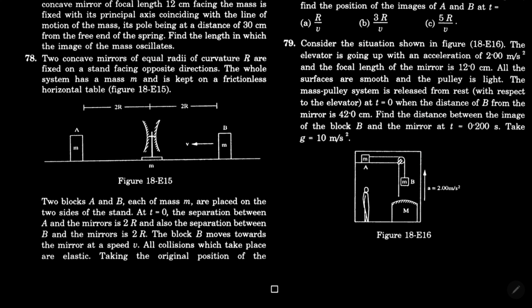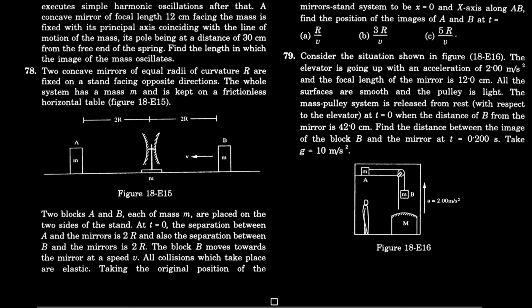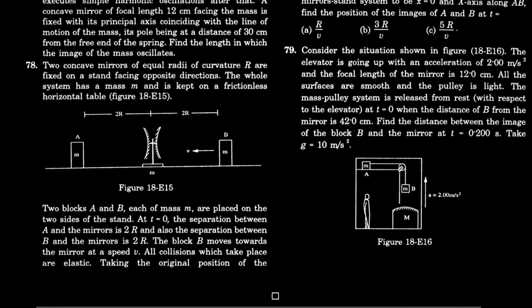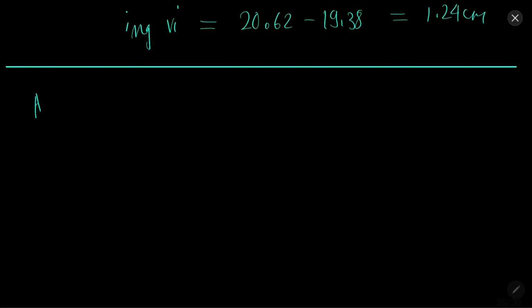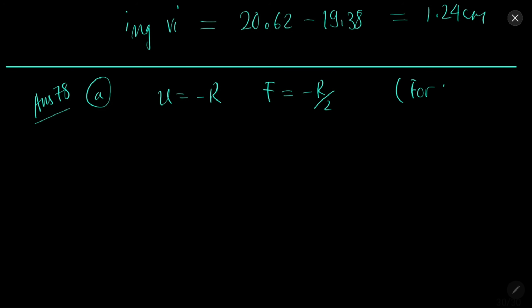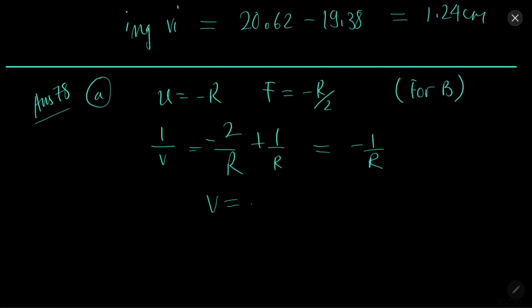In 78 we have two concave mirrors, and this figure is given. We need to find the position of the images of A and B at different times. Solution 78, A part. In this part u equal to minus r, f equal to minus r by 2. This is for block B. So 1 by v equals minus 2 by r plus 1 by r, v will be equal to minus r.